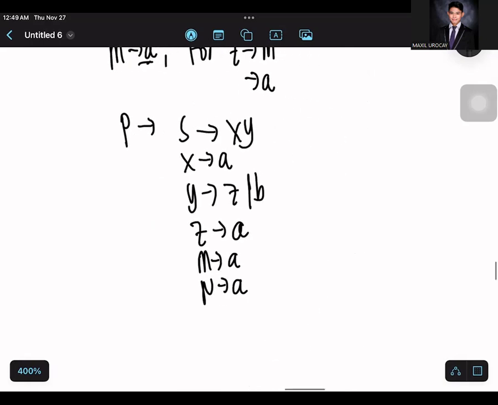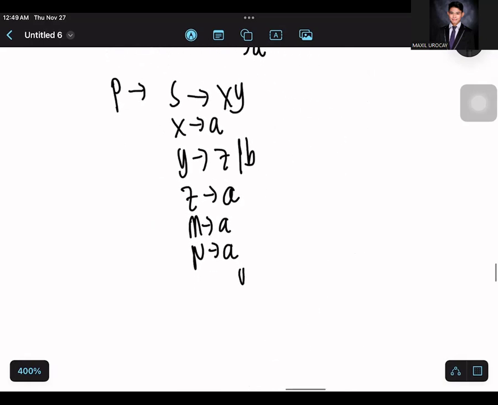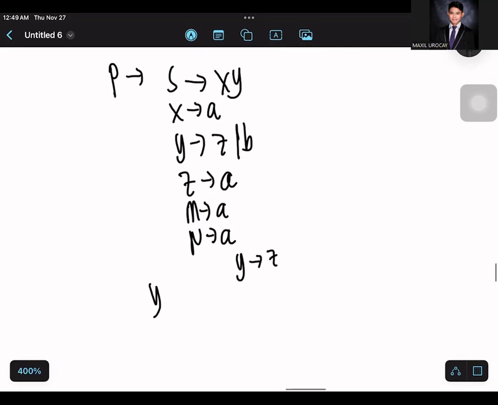Now at this point, the remaining is actually Y to Z. Since Z is actually a, therefore Y to Z will become a also.